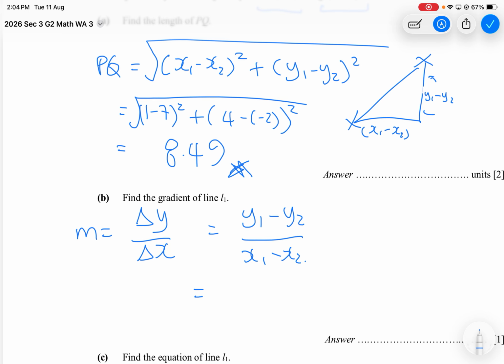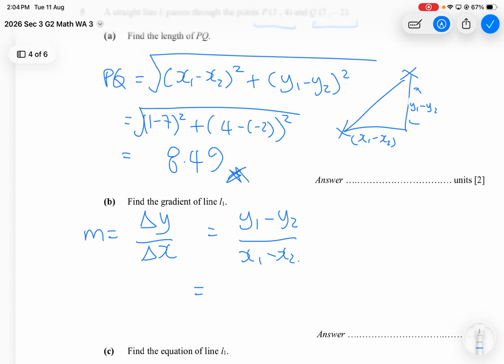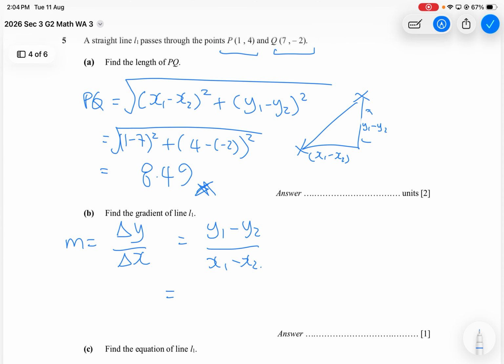Again, put in the values correctly. You can put y1 as 4, or as minus 2. You can start with whichever. But if you start with 4, then your bottom you must start with 1. If you start with negative 2, your bottom must start with 7.